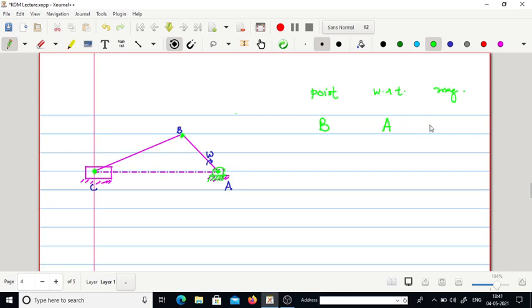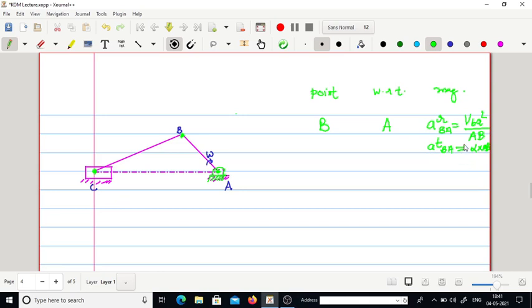There will be two accelerations, one the radial one and another the tangential one. This radial one can be given as VBA square by the distance AB, and the tangential one can be calculated as alpha into AB.